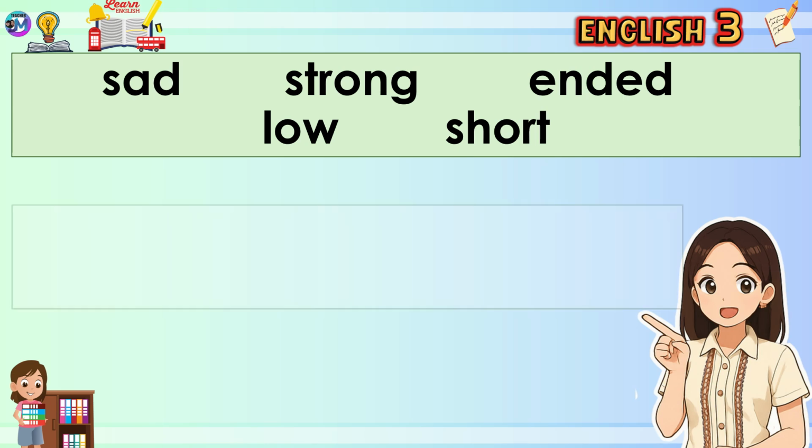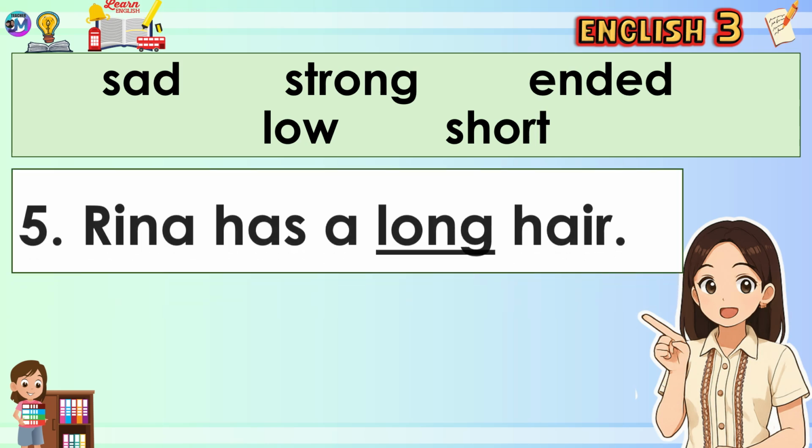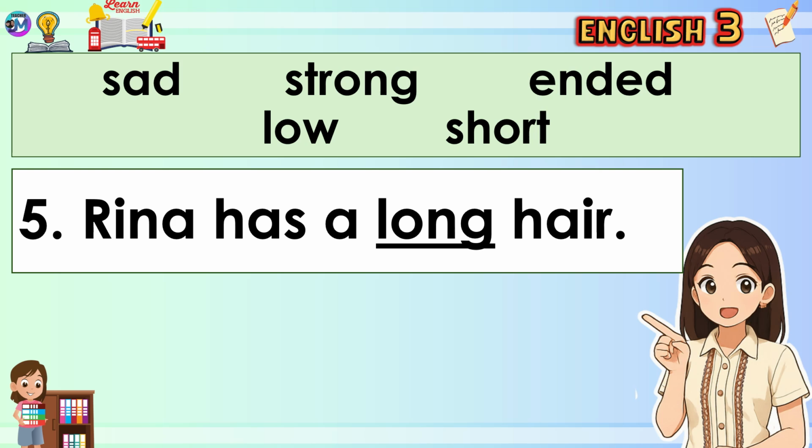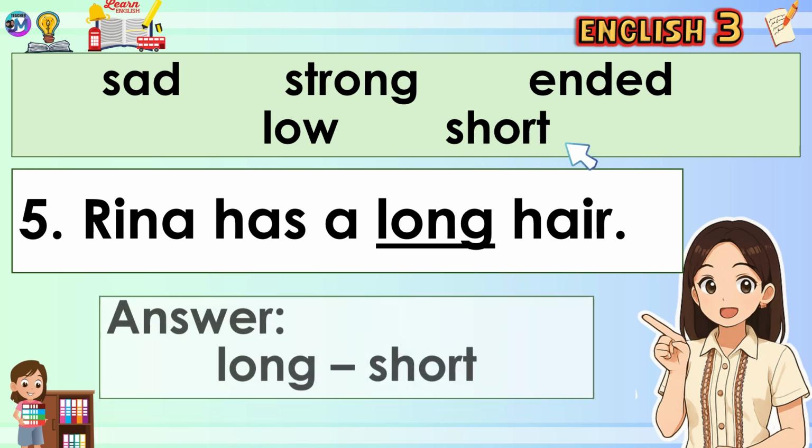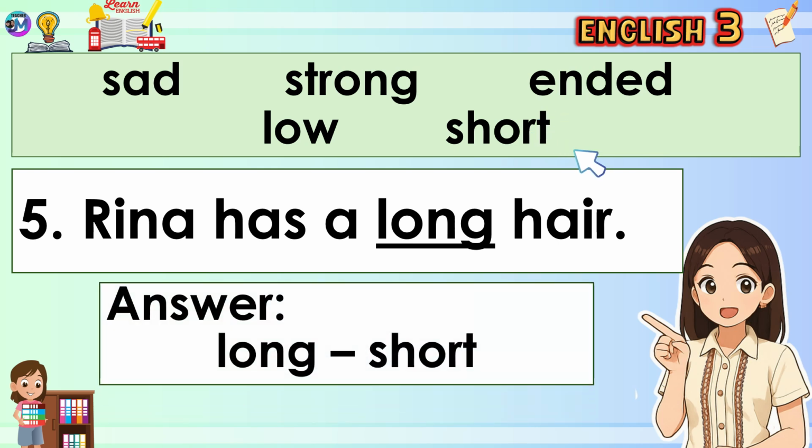And for our last sentence, Rina has a long hair. The underlined word is long. Which from the words is the opposite of long? Very good. It's short. The opposite of long is short.